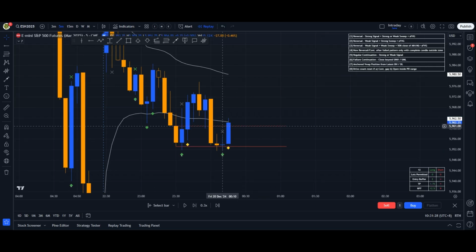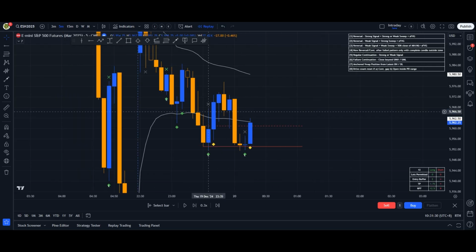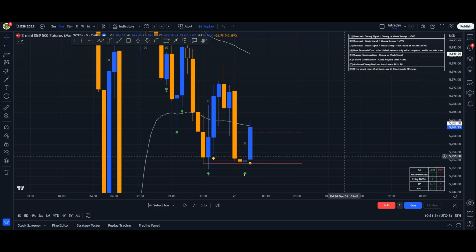And then a new signal got printed again. I was not trading because I was on a pause, but just to go over what this is showing. Again, there is a weak signal with a strong sweep, so that's good. If I look at the drive, there's actually a fair value gap, so the second condition is also fulfilled.